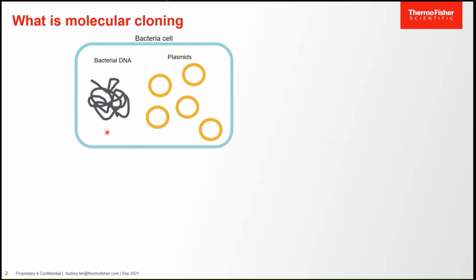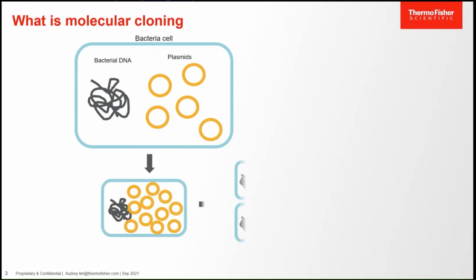Then they also have smaller circular DNA, which we call plasmid. Plasmid is not really essential for day-to-day survival, but it contains genes that confer them some properties such as antibiotic resistance.